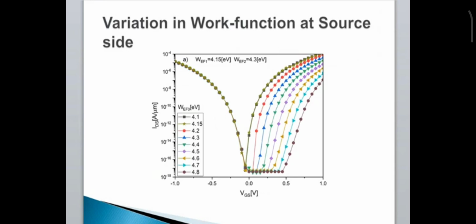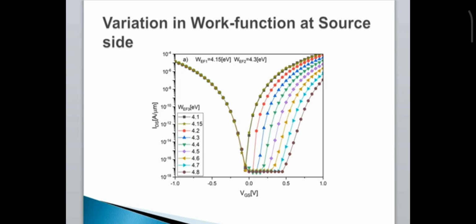Next is the variation in work function at the source side. The figure shows the ID-VGS curve for WF3 varying between 4.1 electron volt to 4.8 electron volt with WF1 and WF2 fixed at 4.15 and 4.30 electron volt respectively.